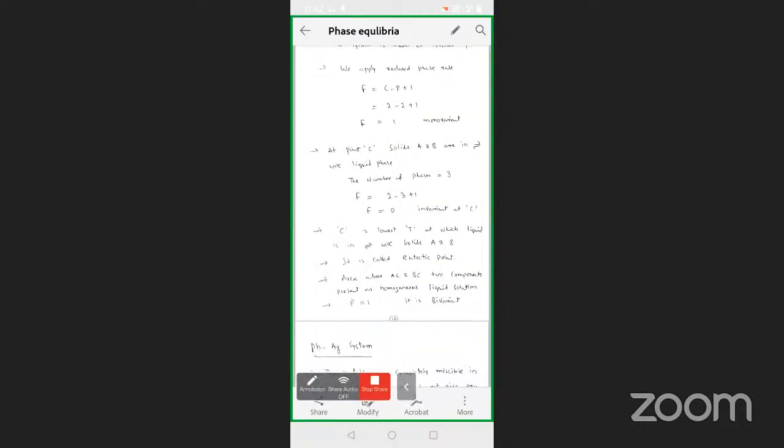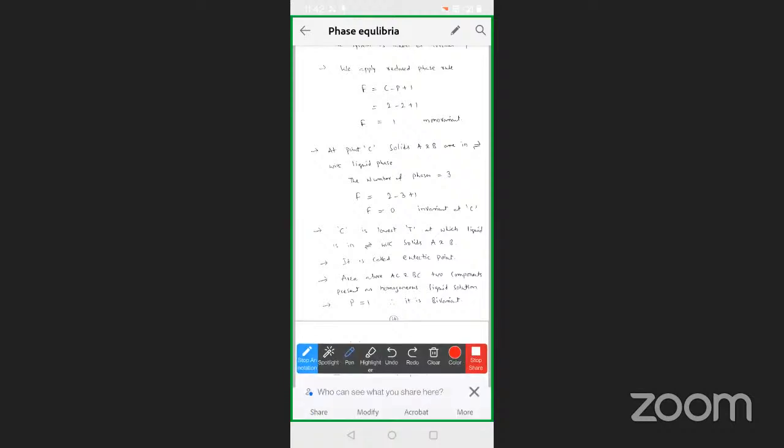And that C is the lowest temperature at which liquid is in equilibrium with the solids A and B. It is called a eutectic point.